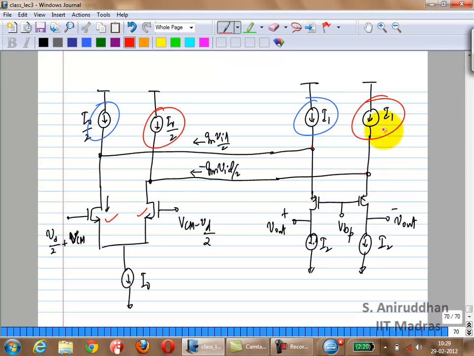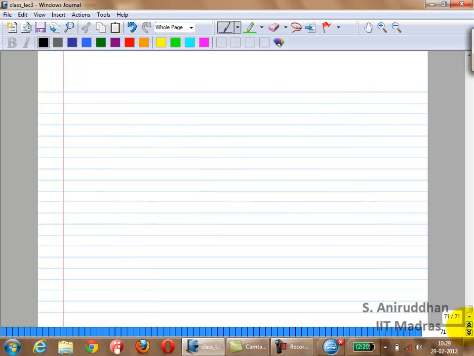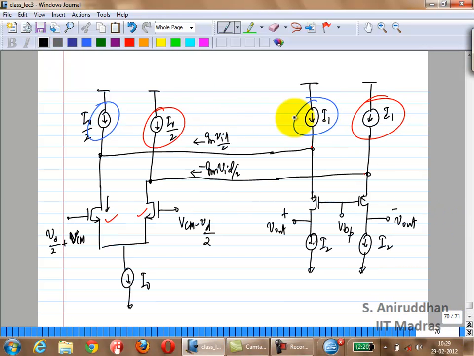And now, how do you build these current sources? Yeah, using a transistor, you use a current mirror, right? So now, these two guys put together can be replaced by a PMOS.